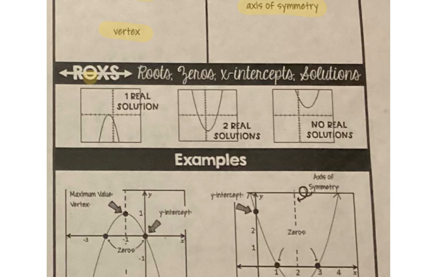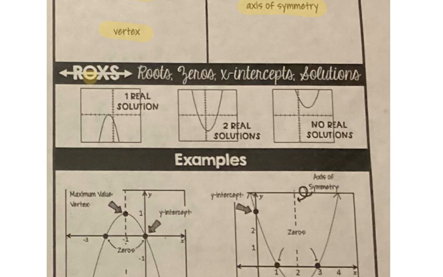Let's look and see. We have 3 cases. Every possible quadratic equation that we encounter is going to be one of these 3 specific entities. We will either touch our x-axis at one location, or we're going to cross and touch the x-axis in 2 locations.